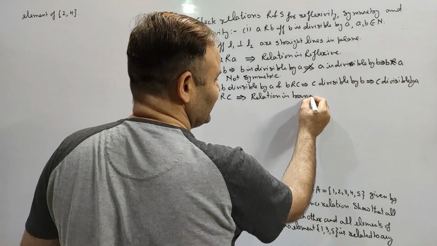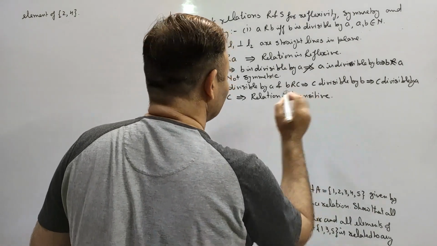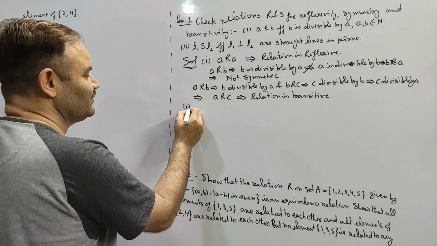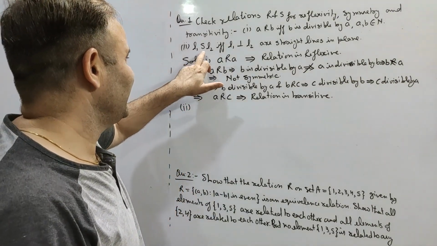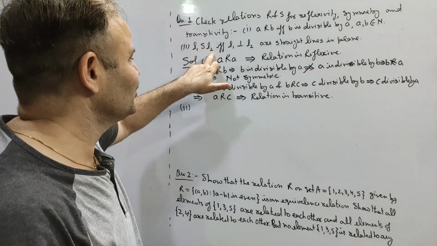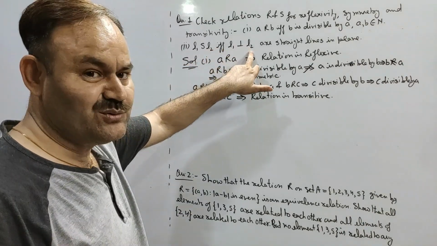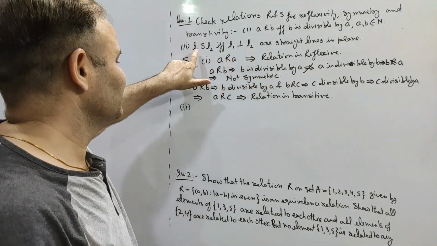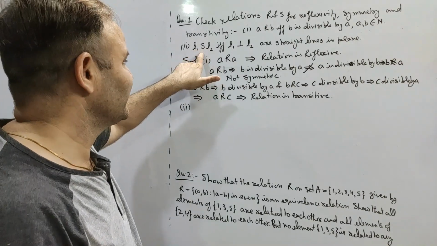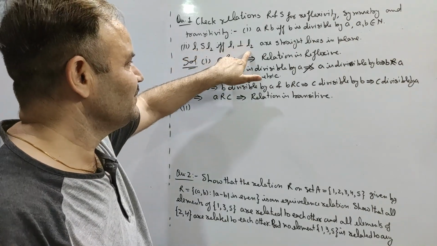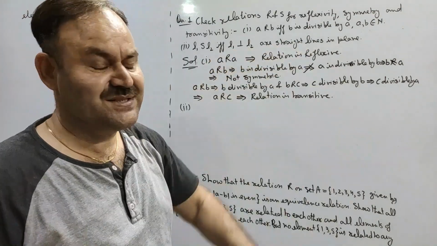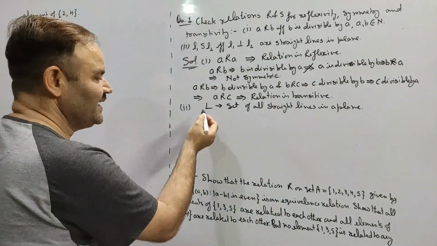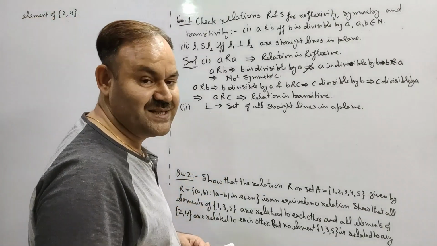Now we come to the second part of the question, and in the second part, the relation is defined as L1 S L2 if L1 is perpendicular to L2. It means L1 will be related to L2 by relation S if L1 is perpendicular to L2, where L1 and L2 are straight lines in a plane. Let L be the set of all straight lines in a plane.